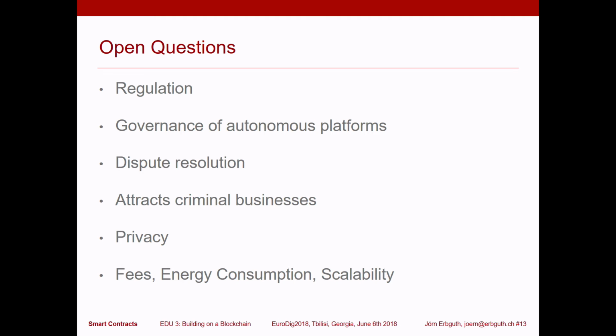That's the reason why it's attractive to criminals. And there's an issue of privacy. Data is public on the blockchain. And there are the issues that we already discussed, like fees, energy consumption, and scalability.